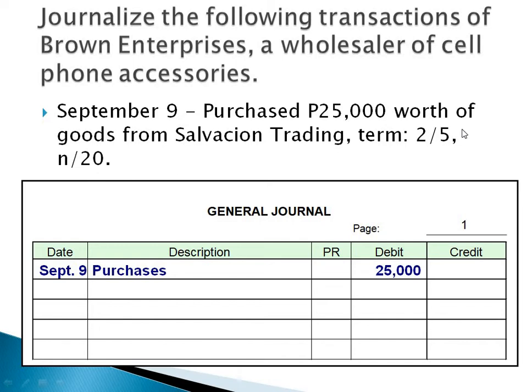When you have credit term like this, even without the words on account or on credit, automatic, the purchase or the sale is on account. So, credit, accounts payable, also for 25,000. To record purchase on account.